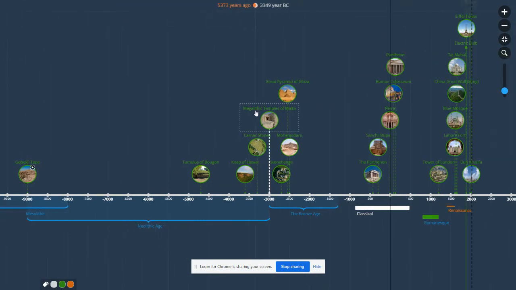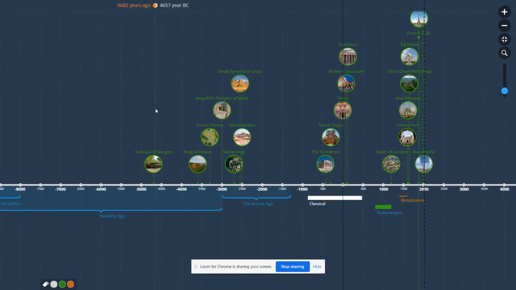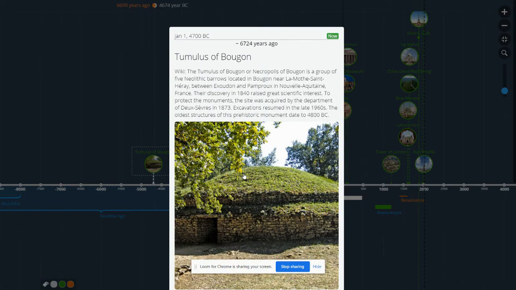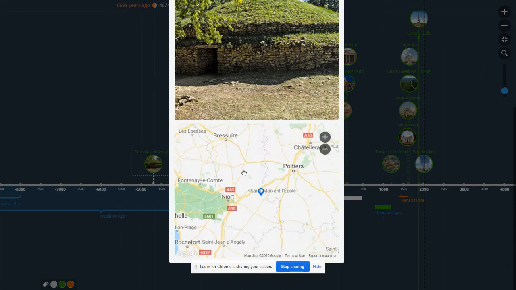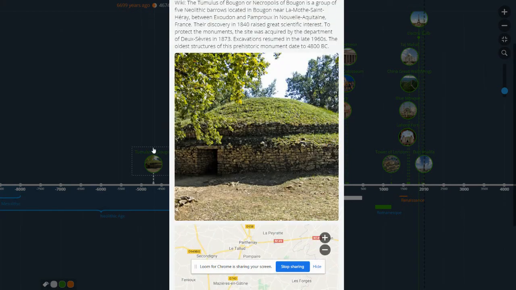And before Göbekli Tepe, we thought that the earliest example of human houses or living was quite possibly the Knap of Howar. The Tumulus of Bougon predates it, but it's more of a burial place, I would imagine, than a living quarter.